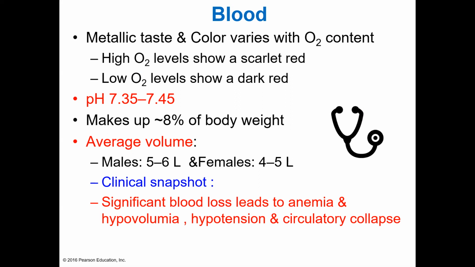And this can cause anemia. It can cause hypovolemia, which means the volume of fluids in the body is lost. It can cause hypotension, which means low blood pressure. It can cause circulatory collapse, which means the whole body will shut down, with low blood pressure, and that can cause a condition known as shock.